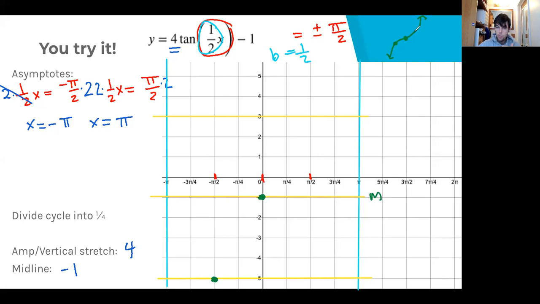And then our 3/4 point, we need to go up the amplitude from the midline. So our 3/4 mark here, we need to go up 4 from there. There we go. Again, this one is kind of stretched out vertically like the last one, so it's not going to have quite as exaggerated of a curve, but it's mostly there. We want to try to sort of do our best with plotting this.